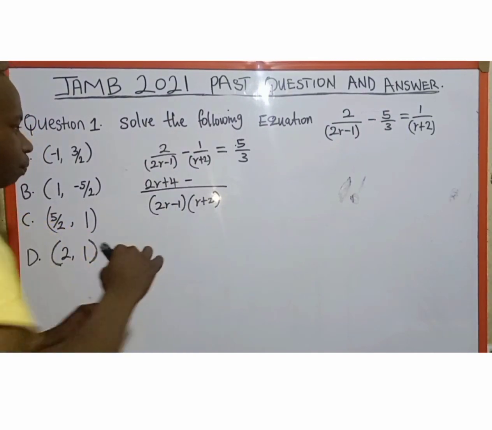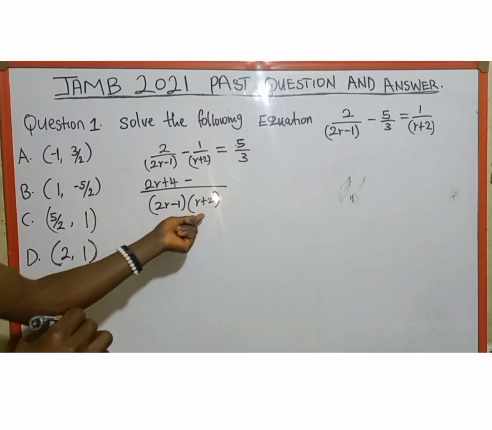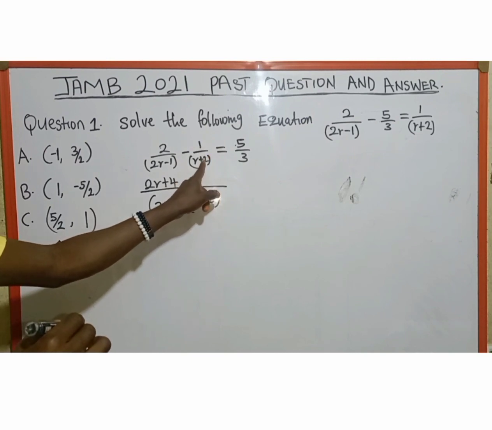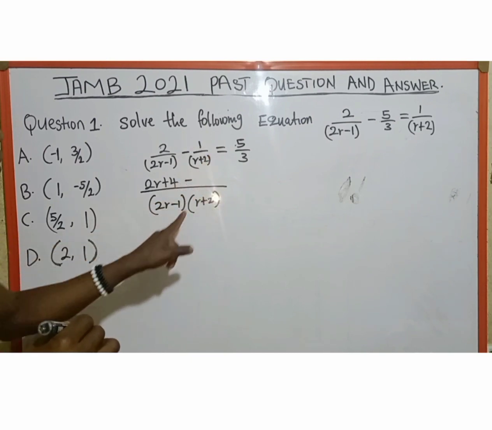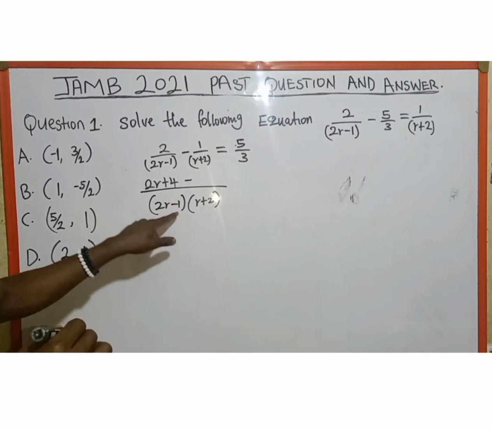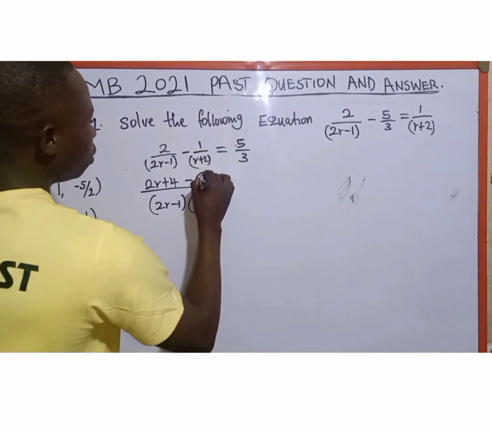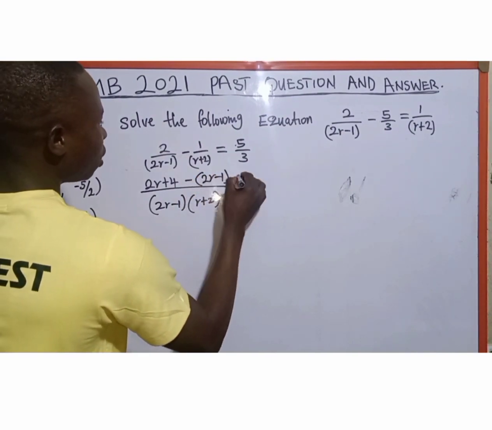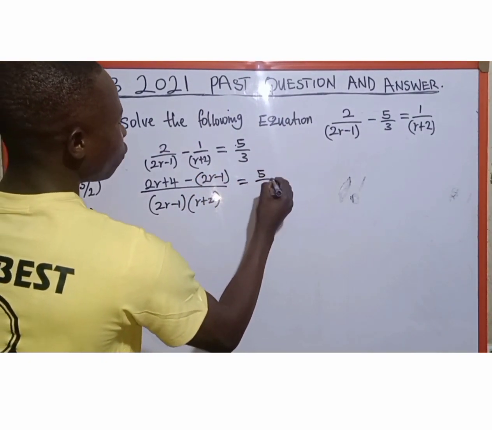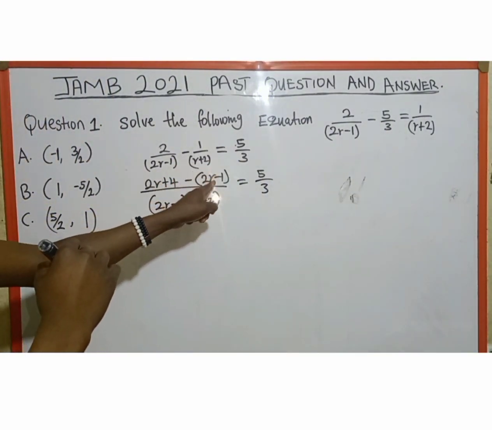Then minus. If you use these two products to divide by this r plus 2, this r plus 2 will cancel this r plus 2. So we are left with 2r minus 1. Then 2r minus 1 multiplied by 1 will also give me 2r minus 1, which is equal to 5 over 3. So the next thing, let us open this bracket first.